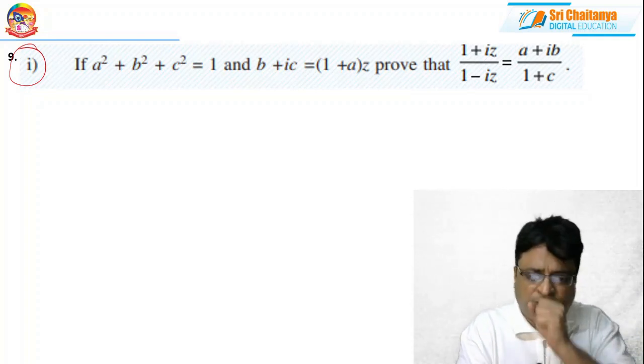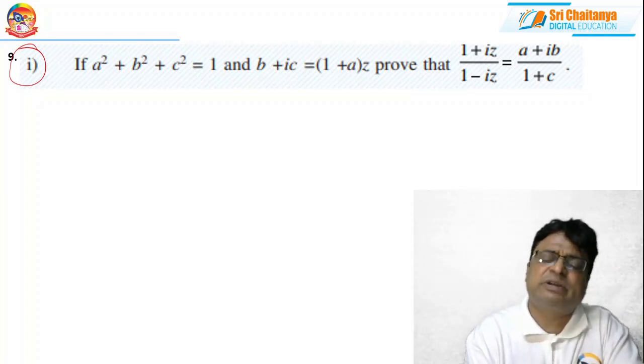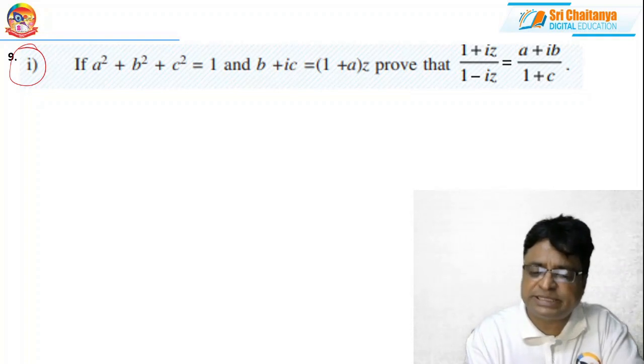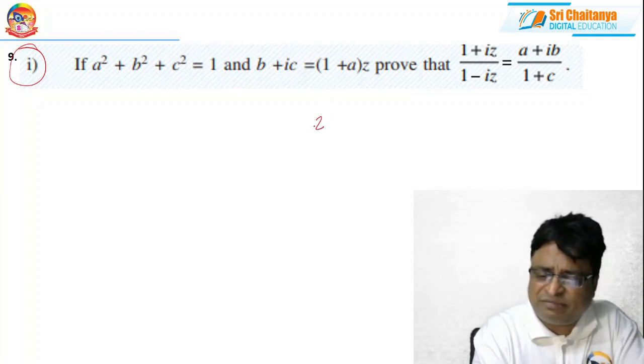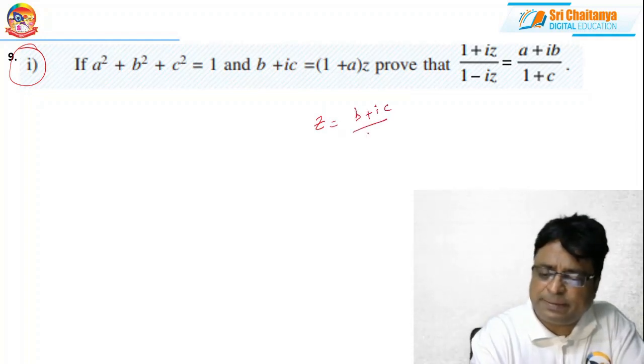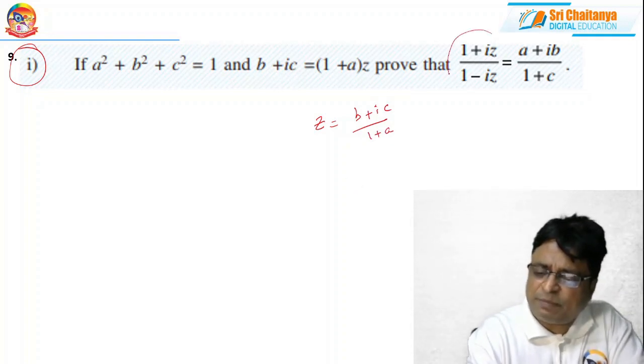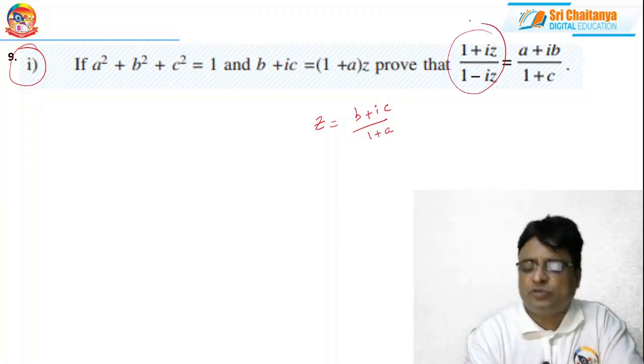See, given a square plus b square plus c square is equal to 1, and b plus ic equal to something. So what is my z? z is b plus ic by 1 plus a. Here, what is given? 1 plus iz by 1 minus iz. So what is my iz?